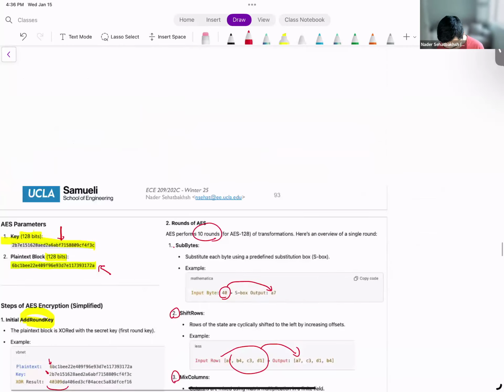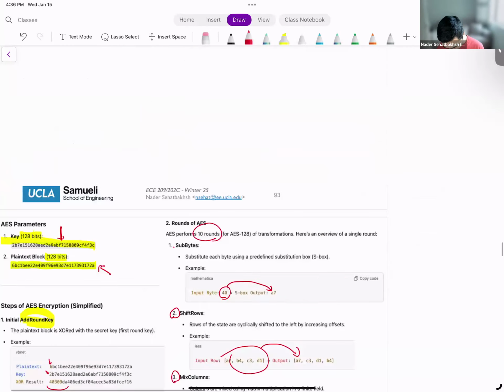Any final questions about symmetric encryption? Because for now, I want to switch gears and talk about asymmetric. Okay. So why symmetric versus asymmetric? What is the difference, first of all? Asymmetric is also an encryption mechanism.